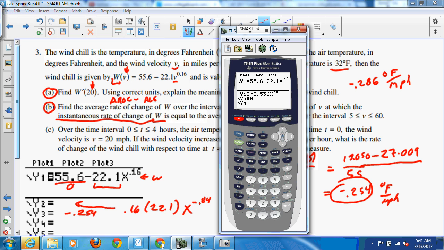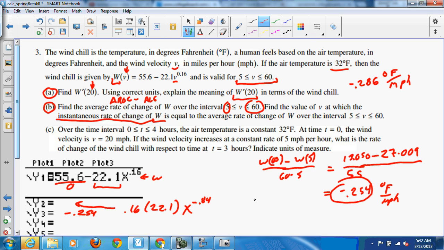And if I look at the graph, turned off the first one, so we wouldn't see that. And let's calculate that intersection. .98. Okay. So when the velocity is equal to 22.9, whatever it was. Okay. It's kind of a tough one there.